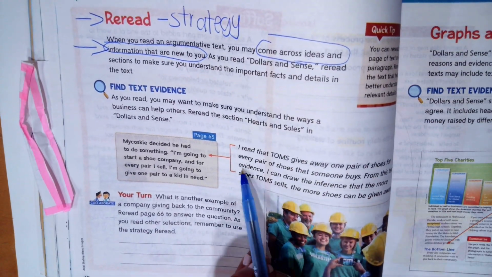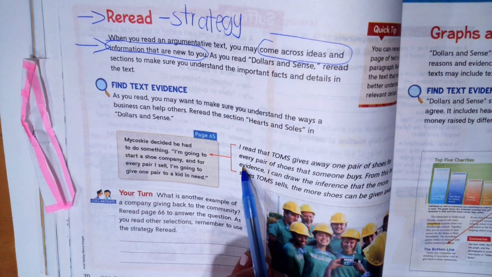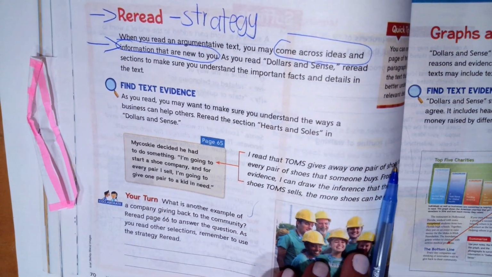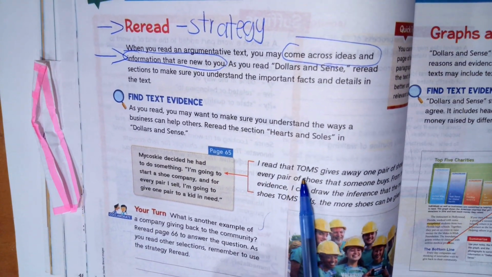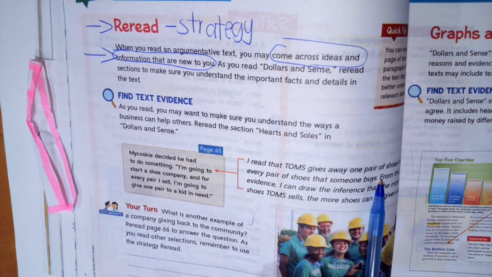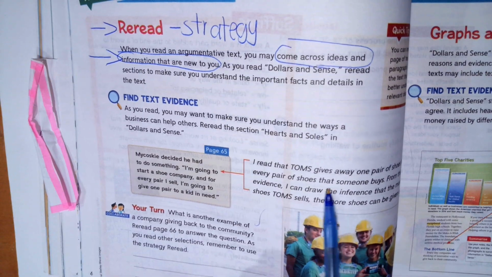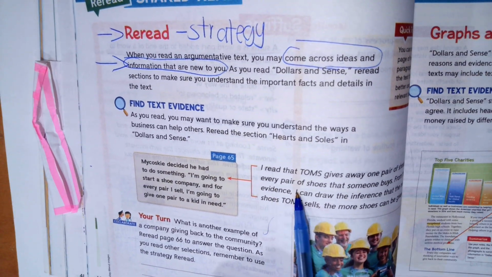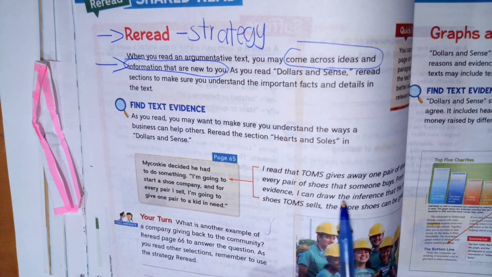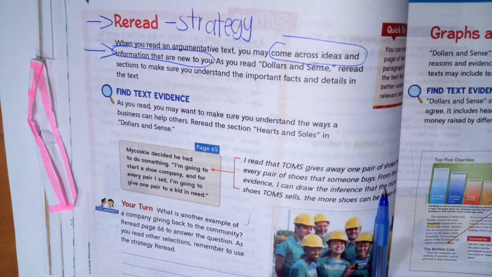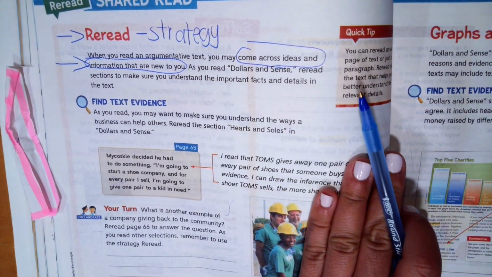Now, here is more information in those captions. I read that Tom gives away one pair of shoes for every pair of shoes that someone buys. From this evidence, I can draw the inference that the more shoes Tom sells, the more shoes can be given away. Okay, so that's nice.